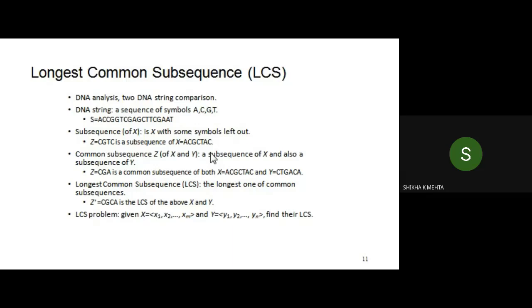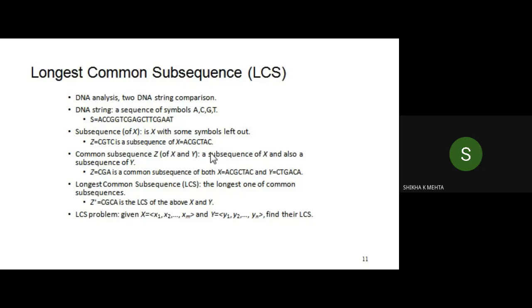Yes, it is followed by C in both X as well as in Y. So we have AC here, and we have AC in Y also. Then we see G. G is there in X, but G is not there after the C in Y. It is at the back. If we make an arrow, that arrow will go back and create some kind of crisscross. So backward is not possible. Forward is fine. If both are backward, then it is fine.